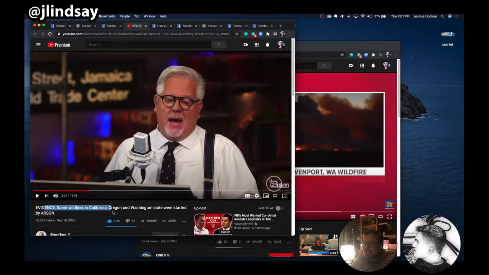And here's Glenn Beck, who does have a media outlet, the Blaze, who was a former Fox and CNN host, except now he struck out on his own. He owns his own media brand, saying, hey, there's a link between Antifa and the fires.